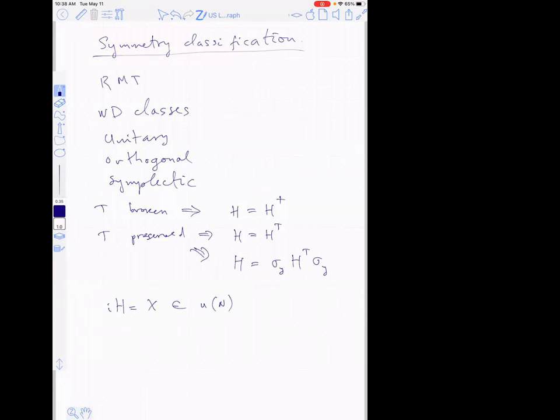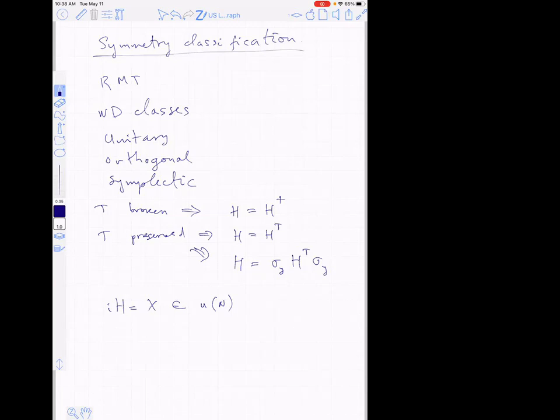So when you have no constraint other than hermiticity, you're dealing with the tangent space to a group manifold.